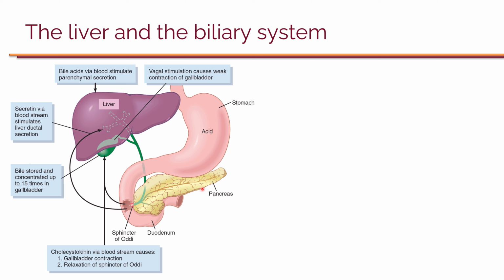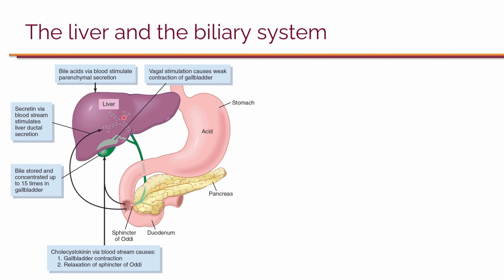There's also the pancreas. The pancreas has the role of secreting insulin and, when appropriate, glucagon into the bloodstream, not into the GI tract. But the pancreas also releases pancreatic juice into the duodenum that includes enzymes such as lipase.